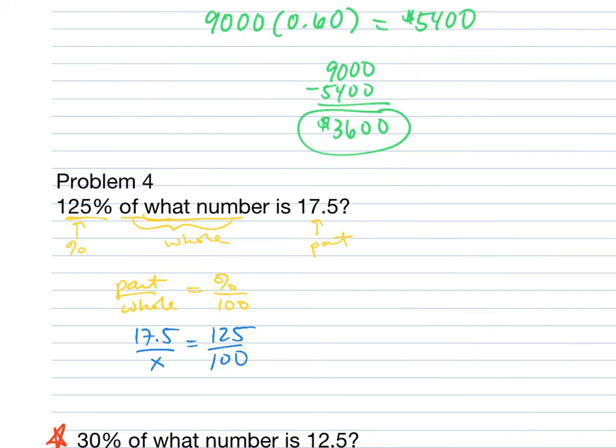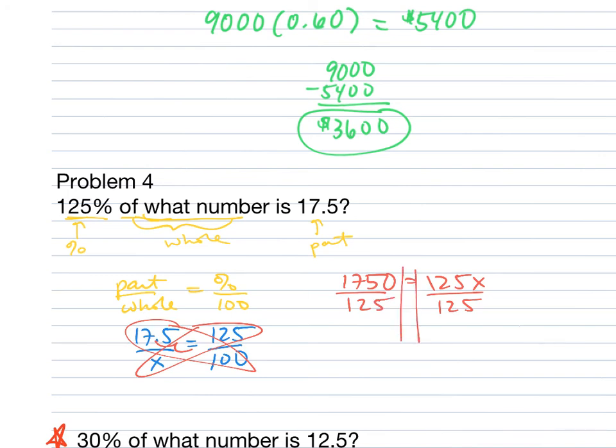Okay, in this one, because the X is in the denominator or the bottom of the fraction, we're going to do cross multiplying. So 17.5 times 100, we just moved the decimal 2 places, 1,750 equals 125x, and then we can divide both sides by 125 to get x alone. 1750 divided by 125 is 14.